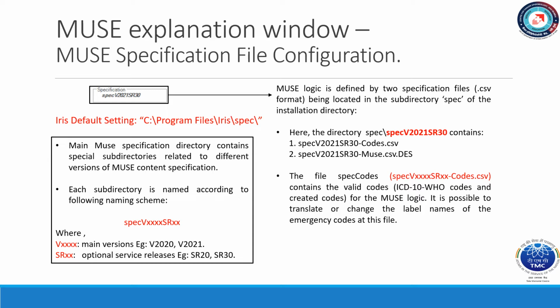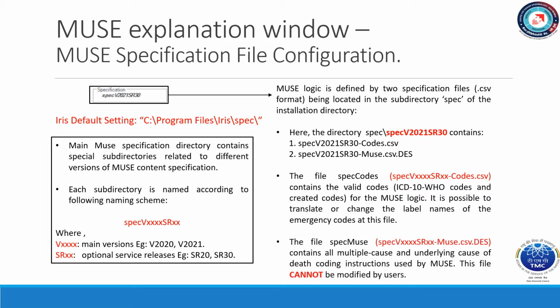Please note that one can do changes only in the label column of this file. The second file, spec.muse, contains all the multiple cause and underlying cause of death instructions used by Muse. These are table entries based on the international decisions and should not be modified by users.